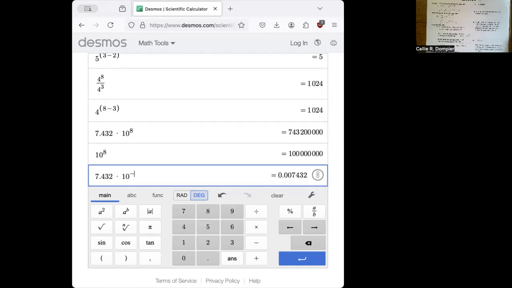So 7.432 times 10 is just 74.32. Times 10 to the negative first is 0.7432. Negative 2, 0.07432. So you can see that with each increase in the negative exponent, the whole number just moves back or to the right one space. And we put another 0 in front of that number. Good.